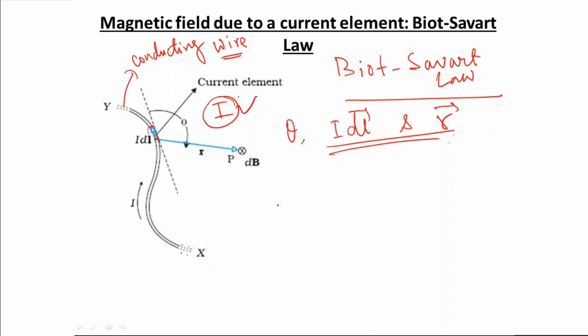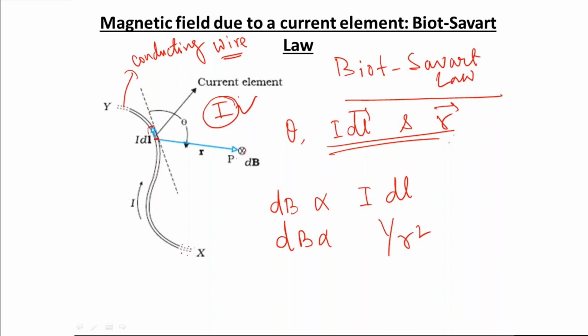So according to Biot-Savart law, at any distance from the current element, if you want to calculate the magnetic field, suppose for this Idl element, the magnitude of the magnetic field is directly proportional to the current element, Idl, and inversely proportional to the square of the distance, very much similar to Coulomb's law.